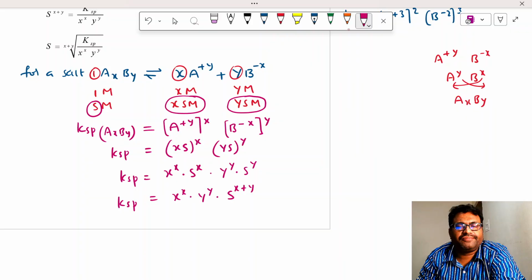KSP is equal to X to the power of X into Y to the power of Y into S to the power of X plus Y. So this is the formula to calculate KSP.